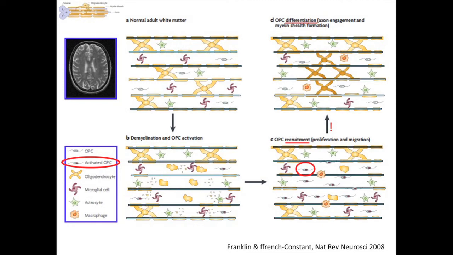So it's repopulated. So there's a recruitment phase, and then there's a differentiation phase. That means the oligodendrocyte precursor cell needs to differentiate into a full-blown oligodendrocyte that can then do its job and remyelinate this lesion.